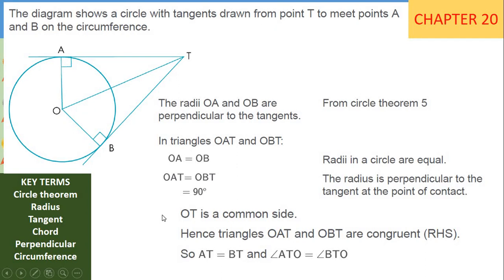Can you remember when we looked at congruency, we can say these two triangles are congruent to each other by the rule RHS because they both have a right angle in. The hypotenuse is common to both and it's the same length, and they both have a second length, OA and OB, that is the same.